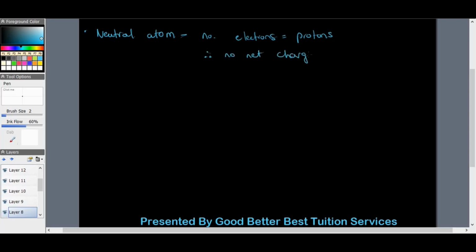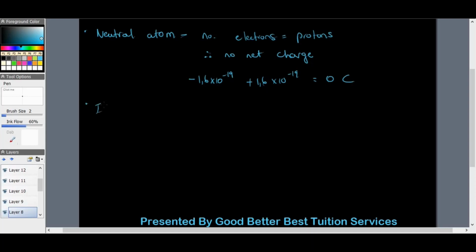Protons and electrons equal each other. For example, using a mathematical sum, electrons are minus 1,6 times 10 to the negative 19, plus the protons' value, 1,6 times 10 to the negative 19. What do you get? A negative value plus the positive of the same numerical value gives you 0. So no net charge. That proves my point there.